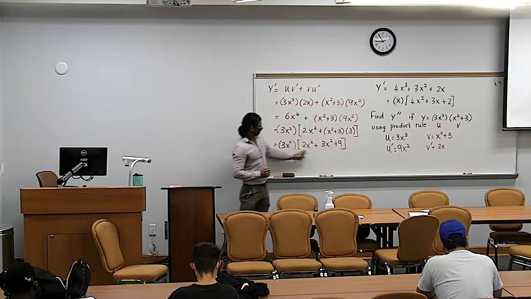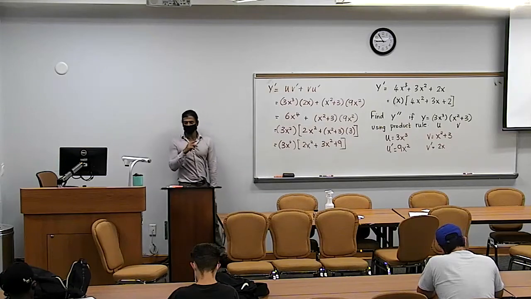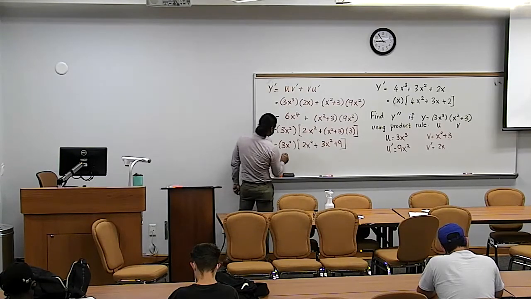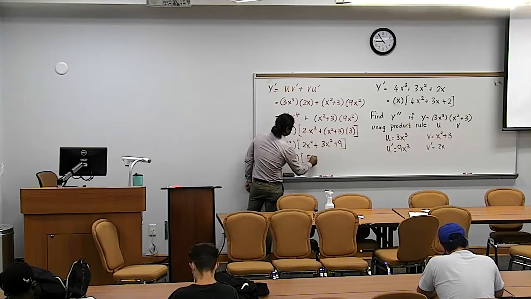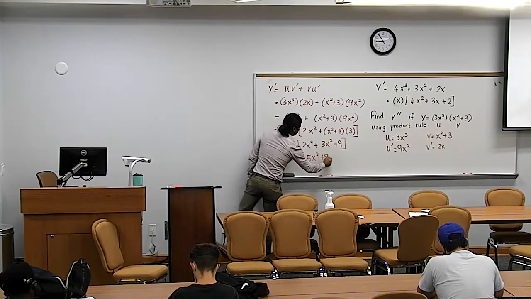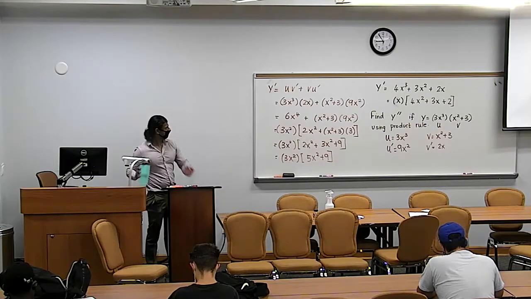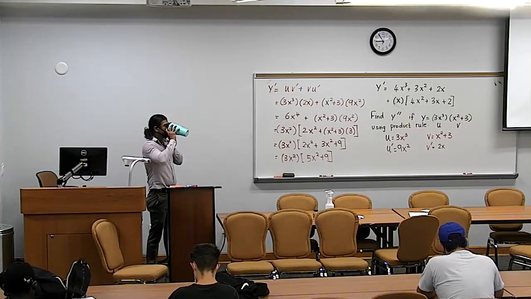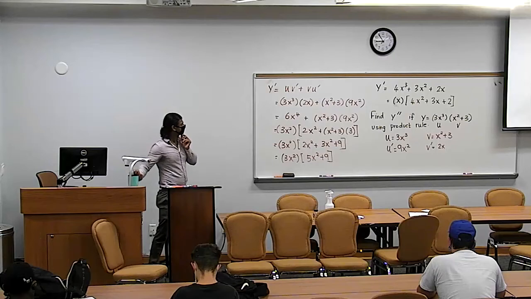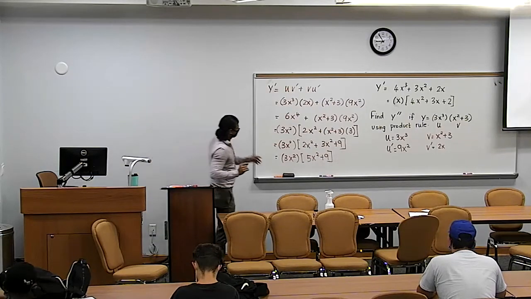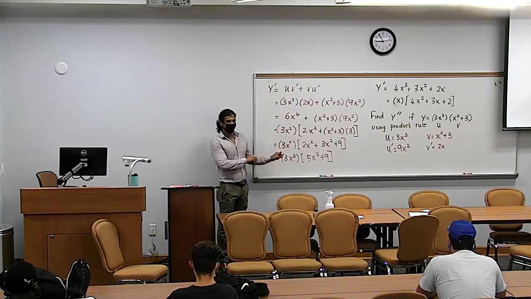And we can add those two because they are like terms. 2x squared plus 3x squared is 5x squared plus 9. Good. Any questions on that?